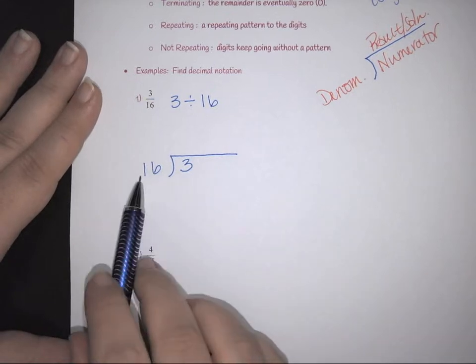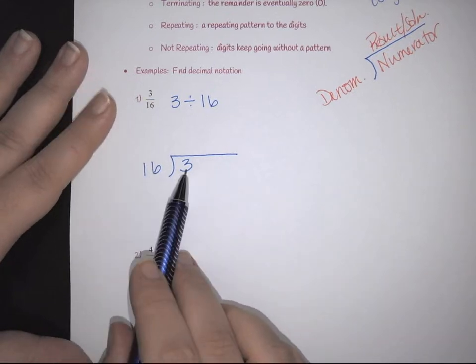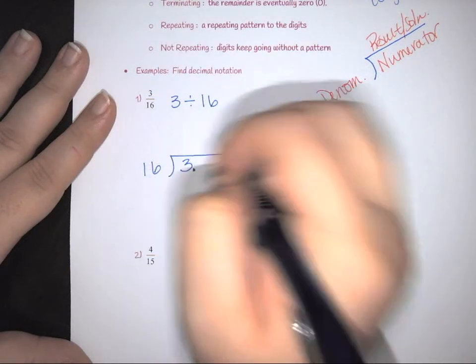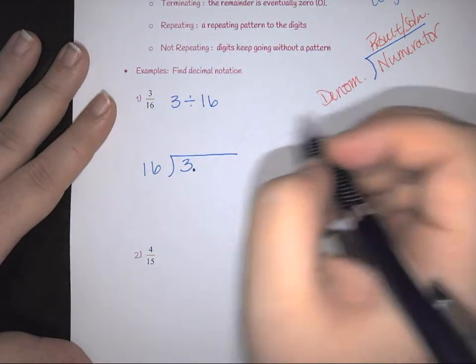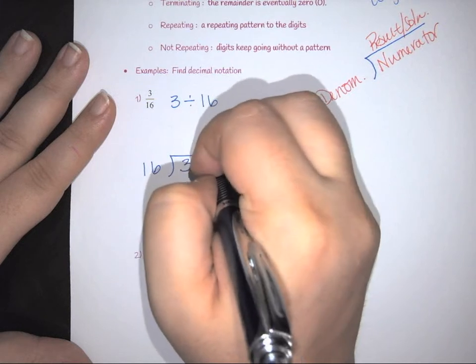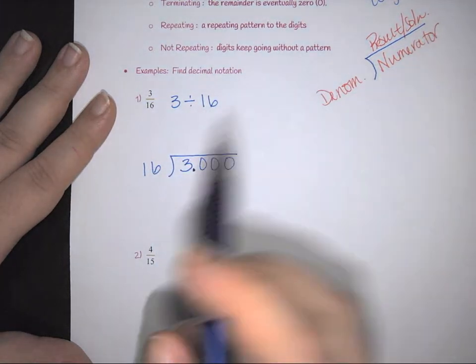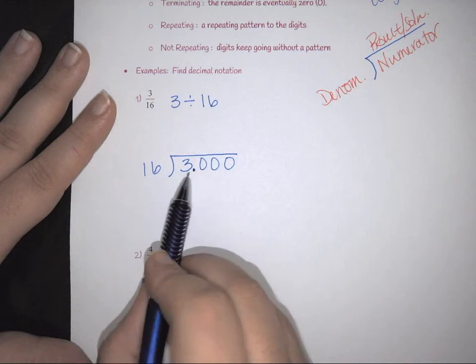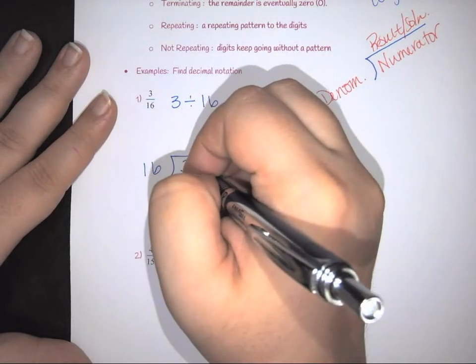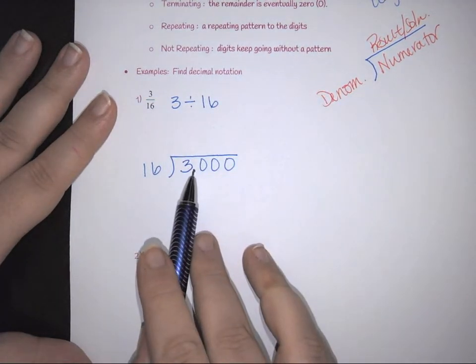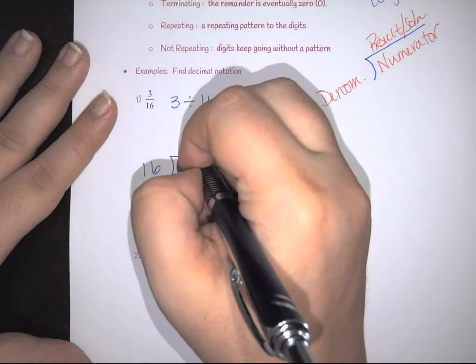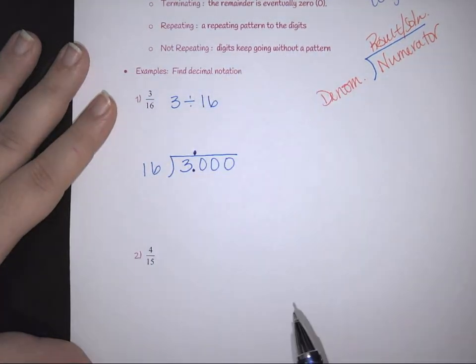So obviously 16 does not go into 3, but what we do know is that 3 would be the same as looking at it as 3 point, say, throw in a couple of zeros. Remember, wherever the decimal point is inside your division, you just simply place it in that same place above for your solution.